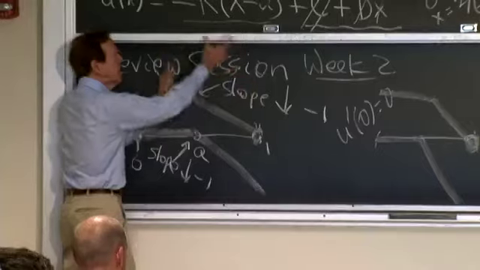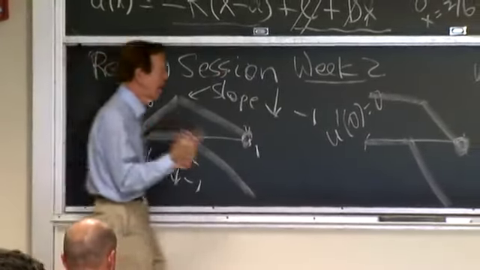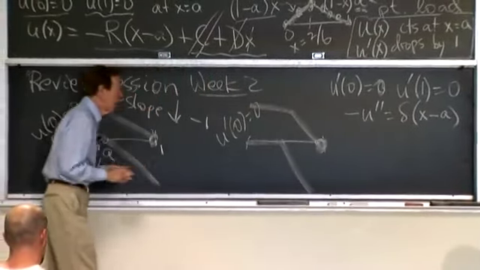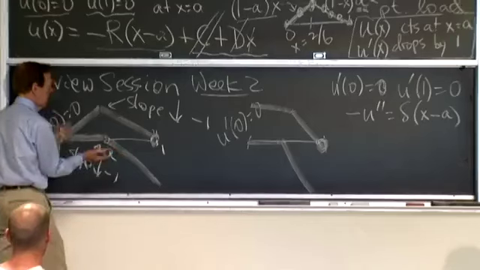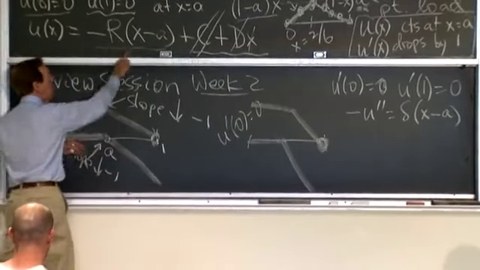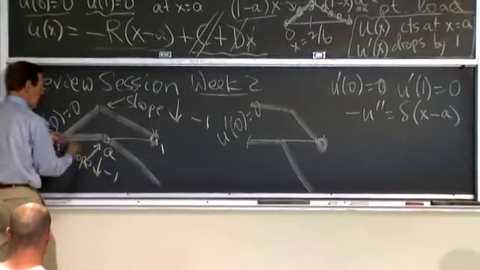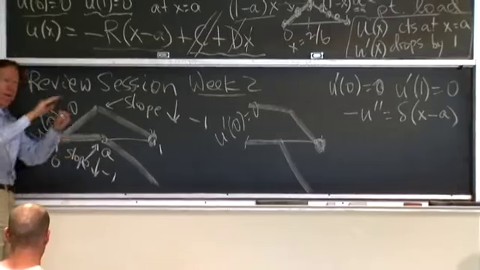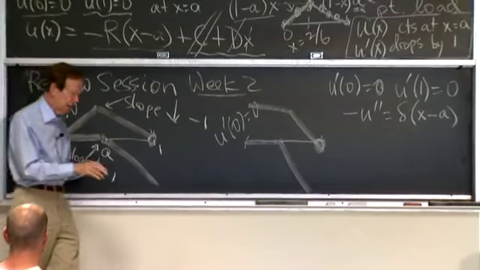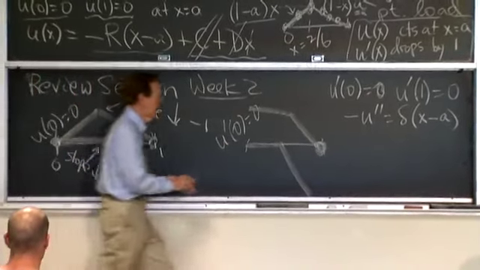If I adjust those, this is asking me to get slope 0 at both ends. Can't do that, right? It's not possible for me. This will add a straight line, but it's the same straight line. I can't get a ramp that comes flat at both ends, because once I say what it's doing at the ends, I've got it. And you see what I mean?